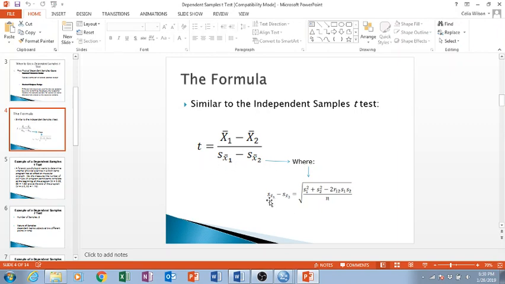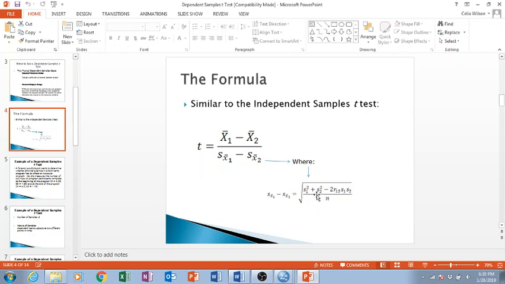The way we would calculate that is here, which looks a little bit intimidating, but if we really get into it, it's the variance of the pre-test plus the variance of the post-test minus 2 times r, or the correlation that we talked about before between sample 1 and sample 2, or pre-test, post-test, multiplied by the standard deviation of sample 1 and sample 2.